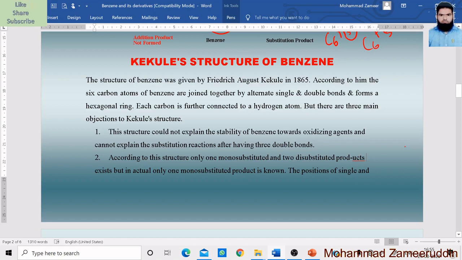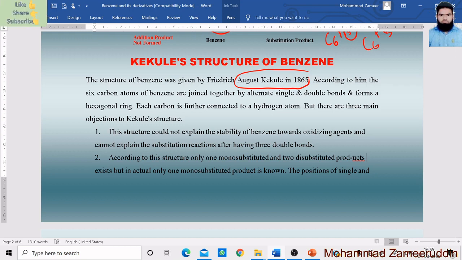Okay, now the next point is Kekule's structure of benzene. This structure was given by a scientist whose name was Friedrich August Kekule in 1865. He proposed the structure of benzene.